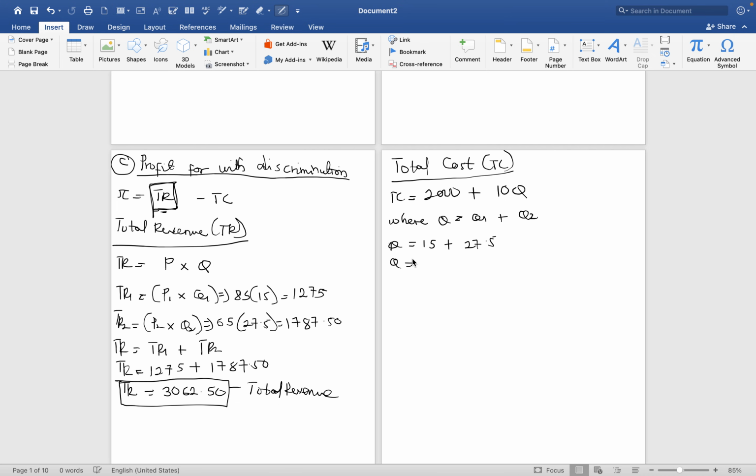So Q is equal to 15 plus 27.5, which would give us 42.5. So let's check again.